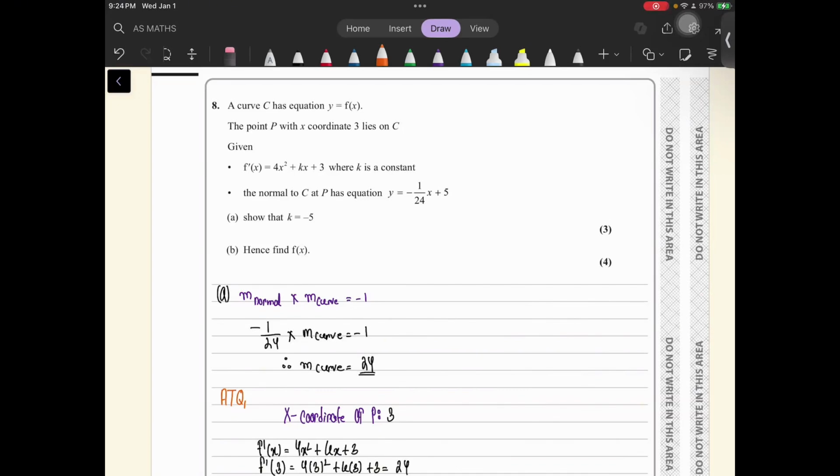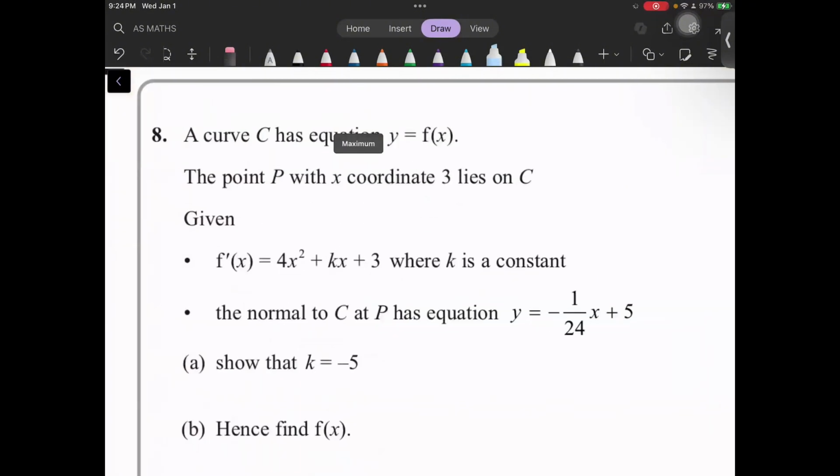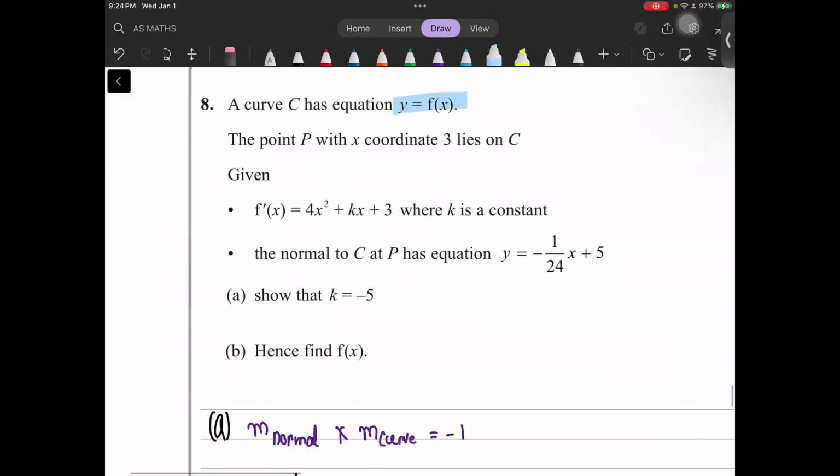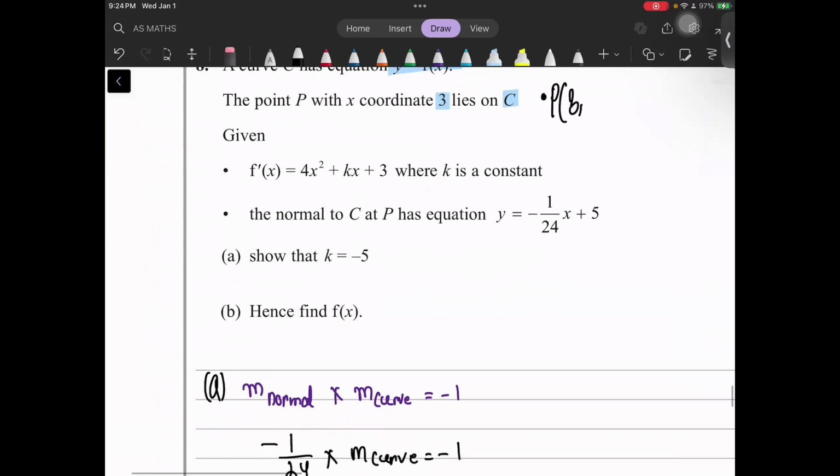This is another basic question. It said that there's a curve with the equation y equals f of x, and the point P that has an x coordinate of 3 lies on the curve C. Given that f of x is equal to this, where k is a constant, find dy by dx.